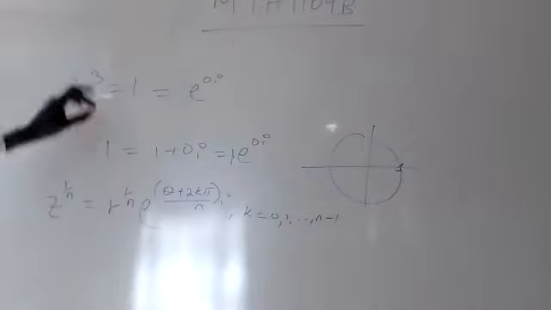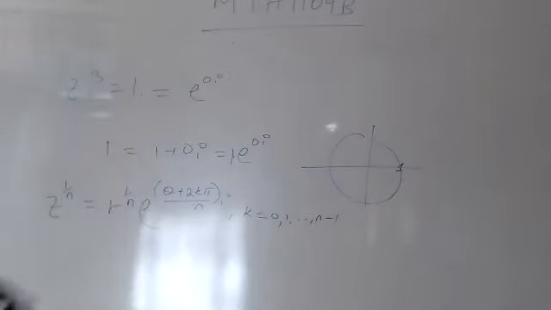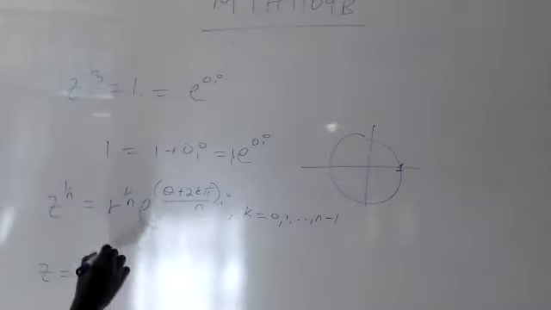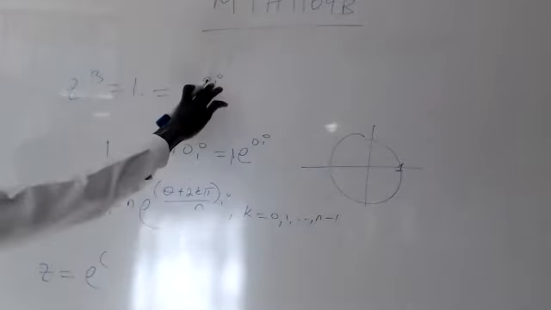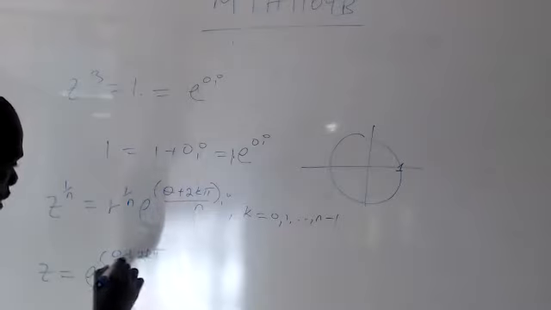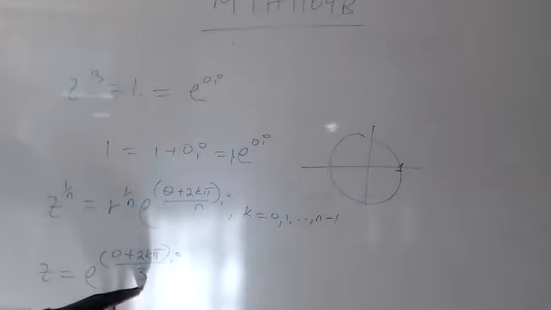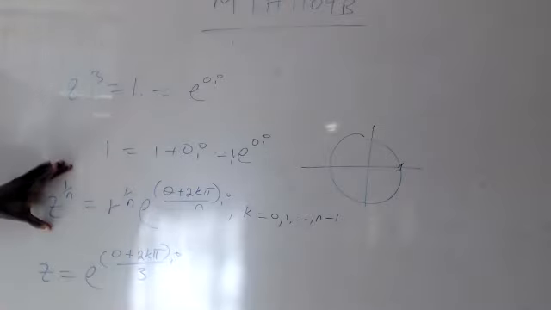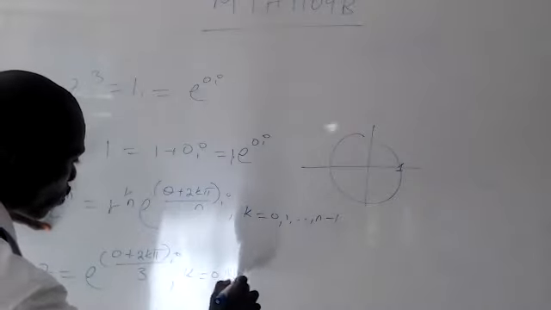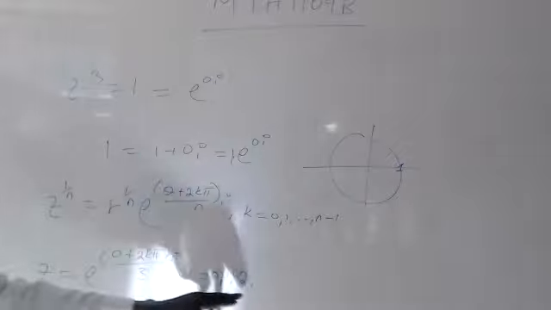In this case, I expect 3 distinct roots. r is 1, and our angle in this case is 0. So we'll have exponent of (0 plus 2k pi) divided by 3, times i, 3 because we're looking for cube roots. For this case, k will run from 0, 1 up to 2, where 2 is n minus 1.